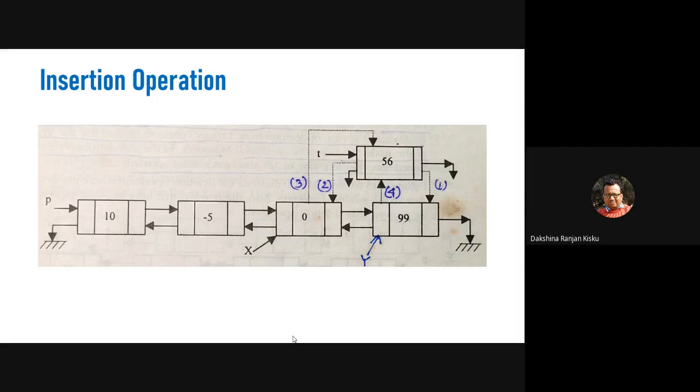Then we will update the t left so that it will point to the preceding node of the inserted node. So we will make t left equals to x right left. So x right means x right is pointing to the last node.